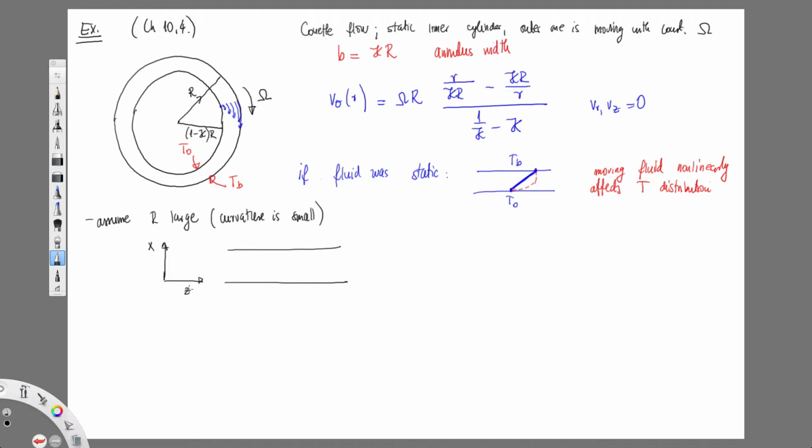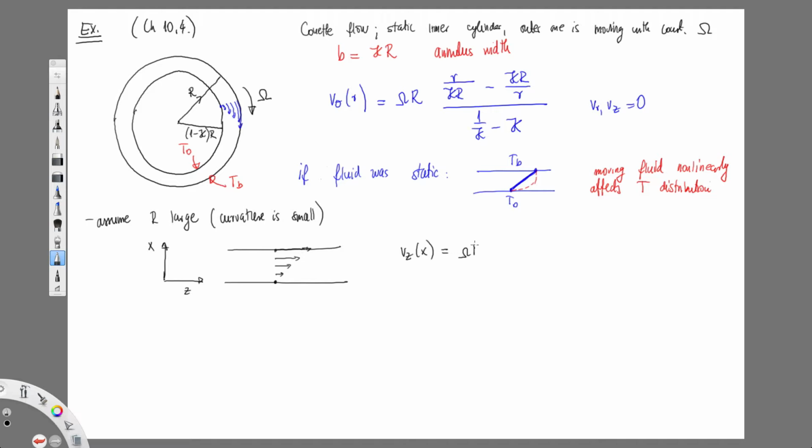And I'm also going to linearize my velocity. So here on the inner part I have velocity static, then it's increasing all the way up. So I'm going to linearize my velocity, Vz, and call it Vz of x now.